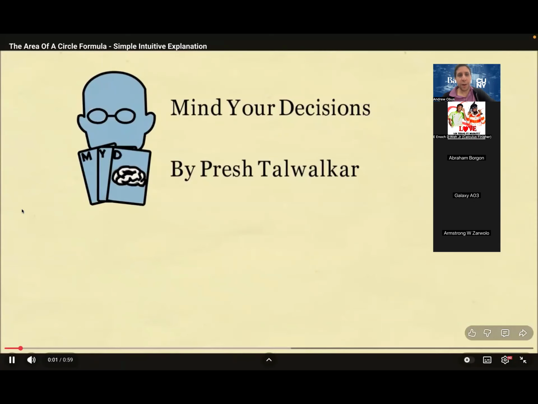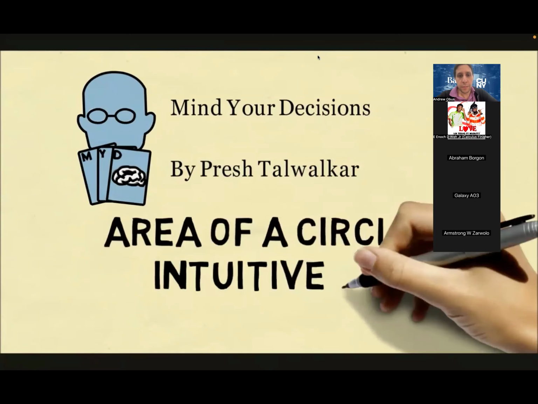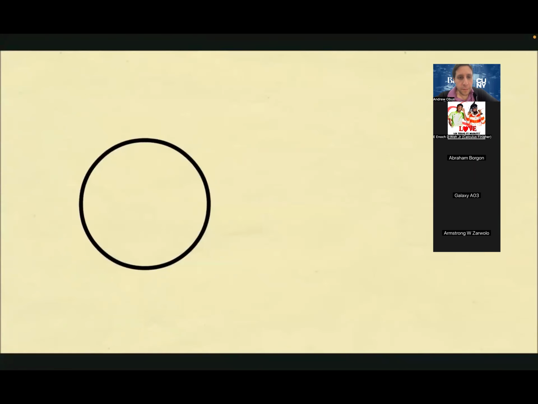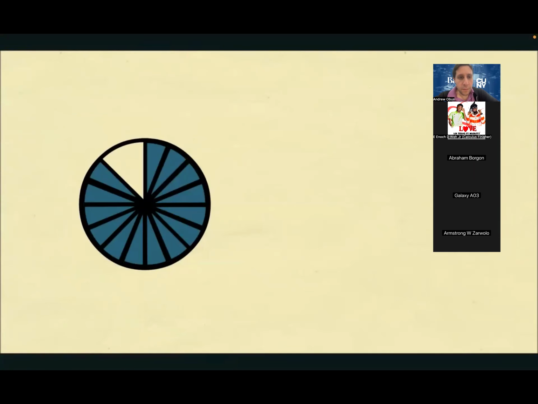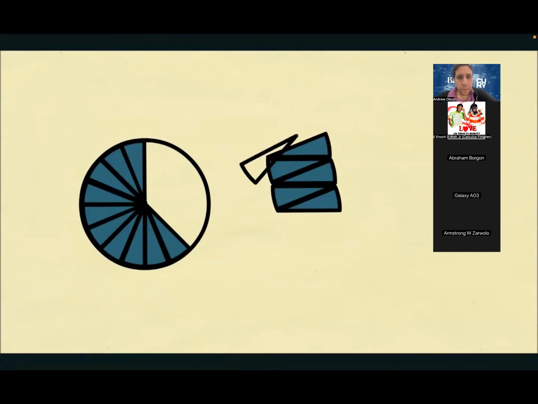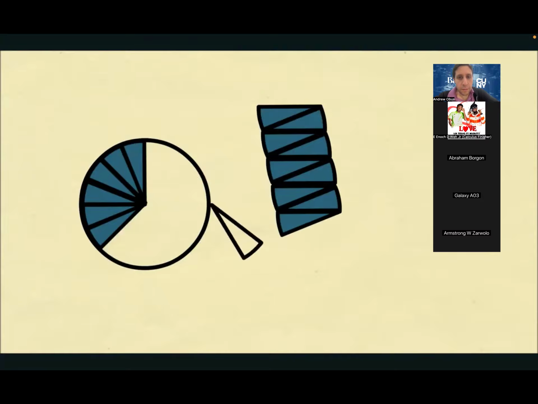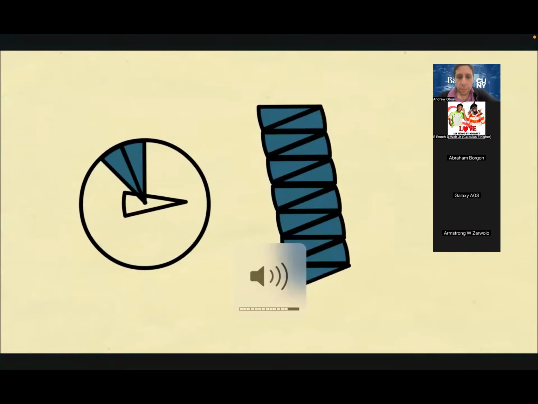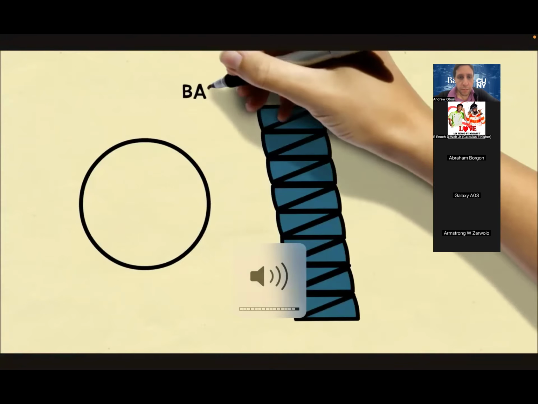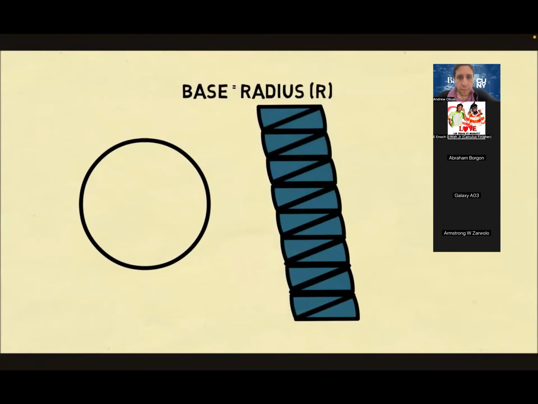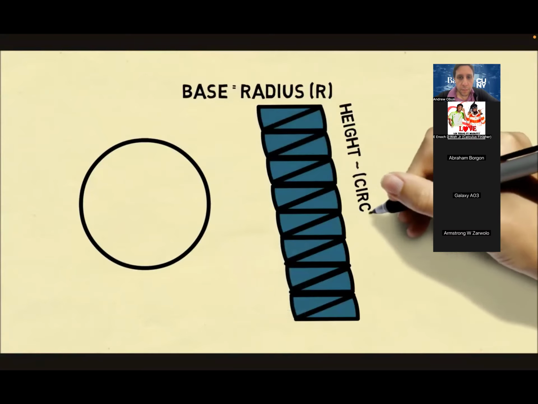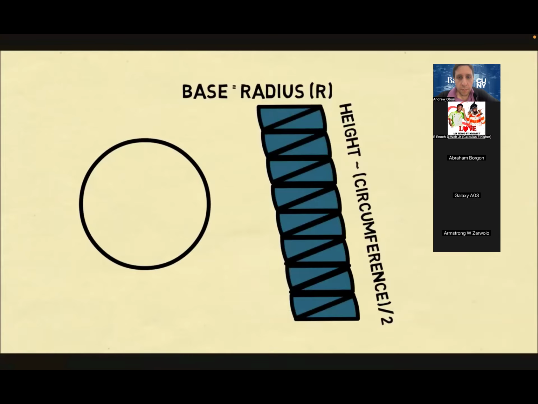Hi, this is Presh Talwalkar. Let's derive the area of a circle intuitively. We'll start out by drawing a circle, which we'll subdivide with 16 wedges. We'll rearrange the wedges into a shape that's more familiar to us. Specifically, we'll rearrange them into a rectangular shape. The base of this rectangle is the radius of the circle, and the height is half of the circumference because both sides together make up the circle.